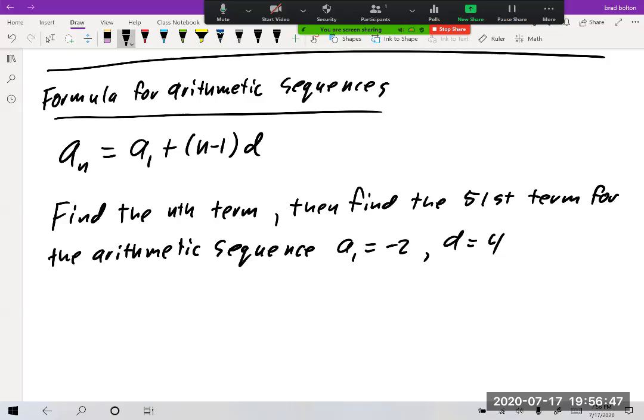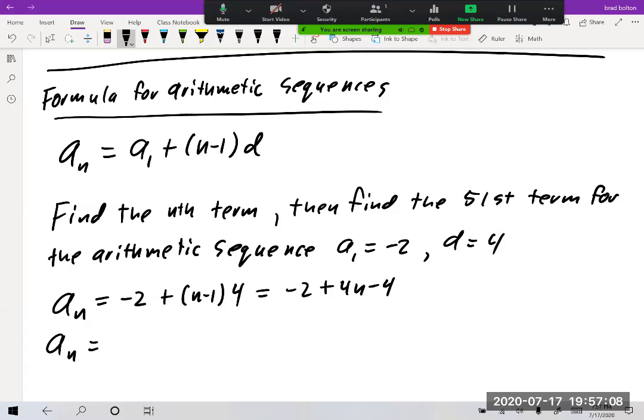It's very straightforward. So we're going to use this formula, and we want to find the A sub n term. So I'm going to say A sub n is equal to negative 2 plus n minus 1 times the common difference of 4. So this will become negative 2 plus 4n minus 4. So I clean this up and I get A sub n is equal to 4n minus 6.